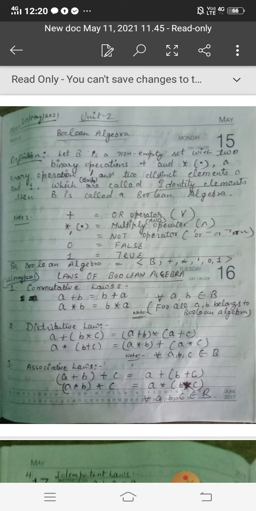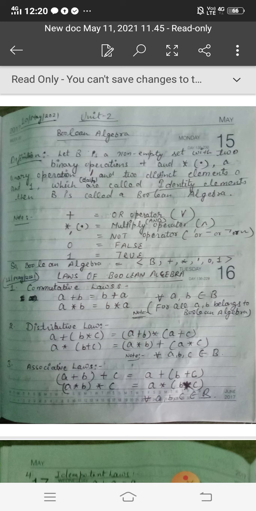Next, distributive law. It is a very important law. It will definitely work in your numericals. You will not be able to do numericals without following this law. a plus (b dot c) is equal to (a plus b) cross (a plus c).